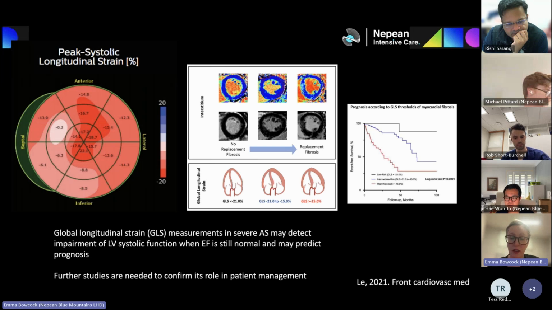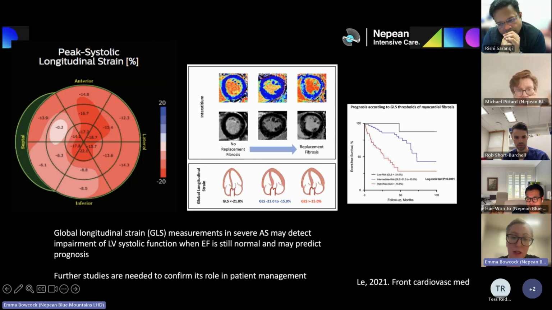GLS, so global longitudinal strain of your LV, does seem to have prognostic value in aortic stenosis, but especially in those where, this study showed it here, they have a normal EF, and they had cardiac MRIs and looked at their strain values as well. Basically those that had more fibrosis had much worse global longitudinal strain, and then worse outcomes, so their mortality.